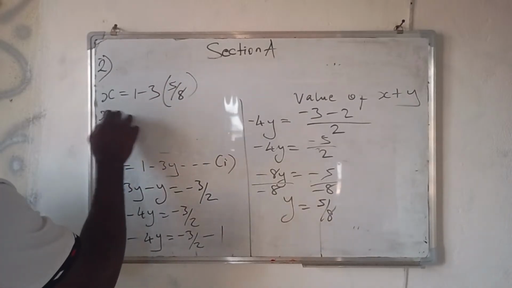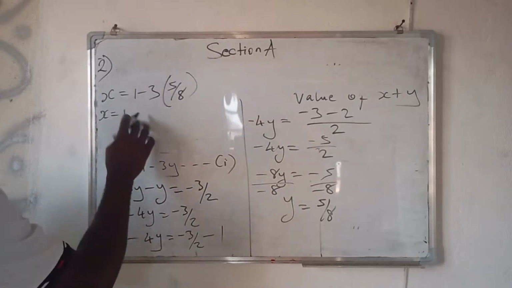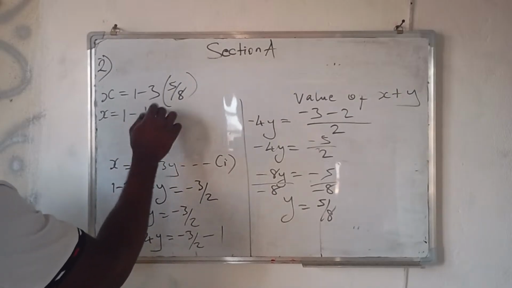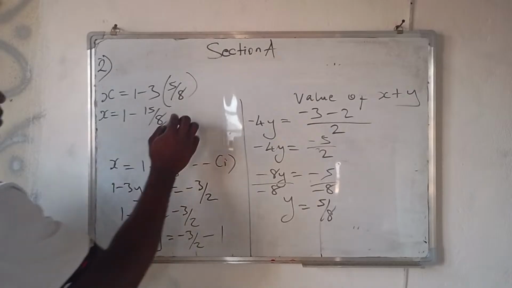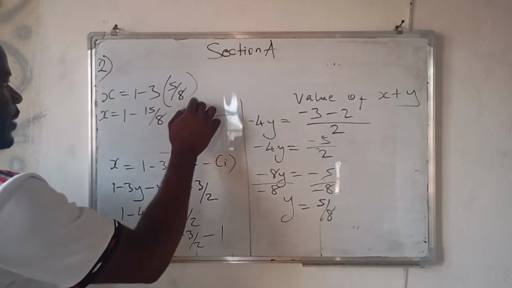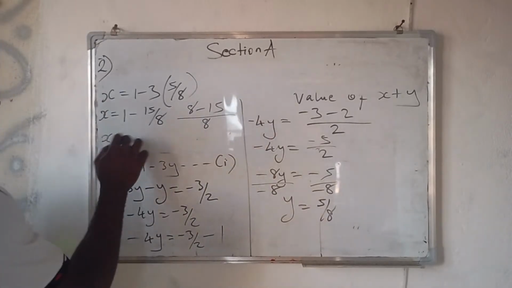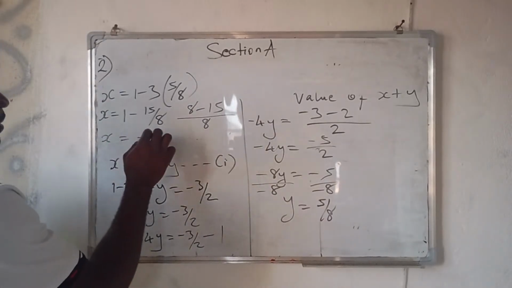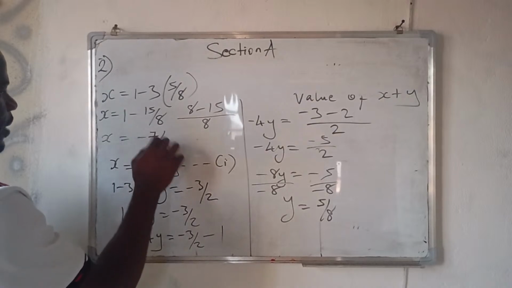When we open the bracket, we're going to have minus 15 over 8. Then, of course, taking the LCM, we have 8. We're going to have 8 minus 15, so x will now give us minus 7 over 8.